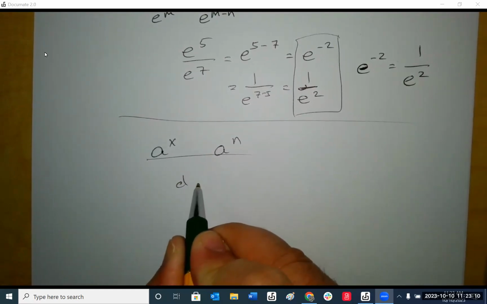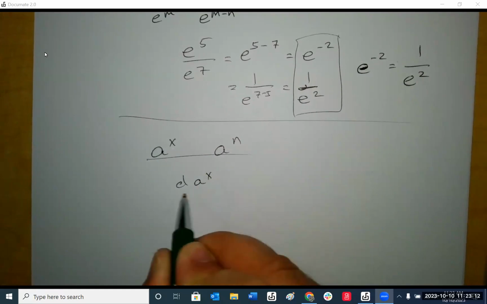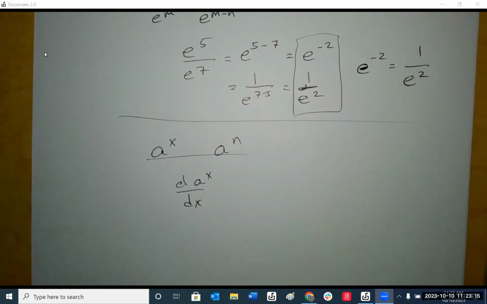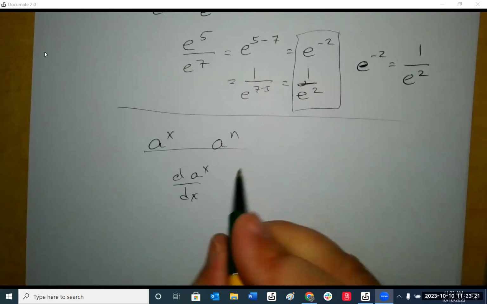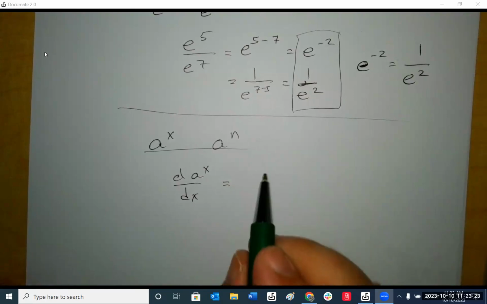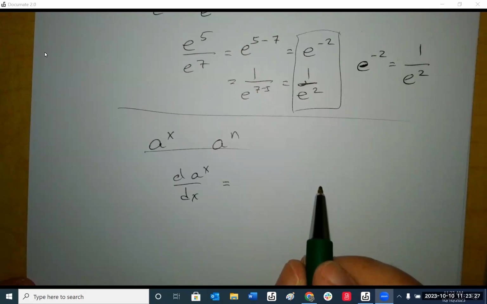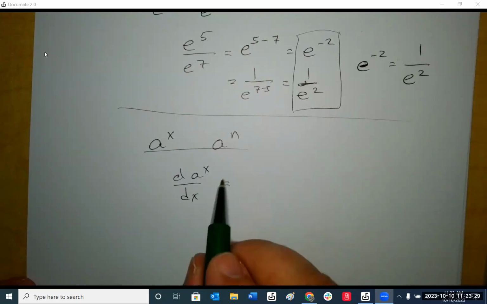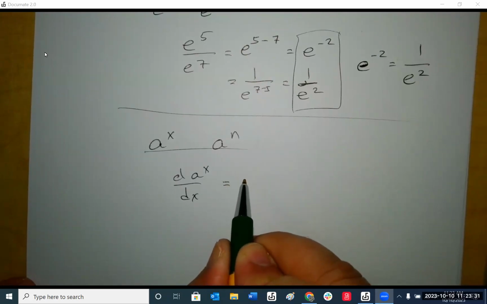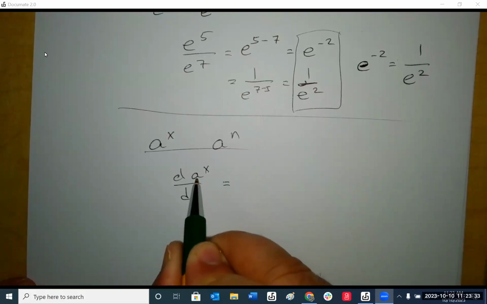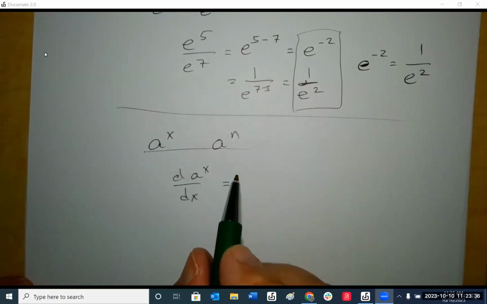The derivative of a to the power x, a is a constant.